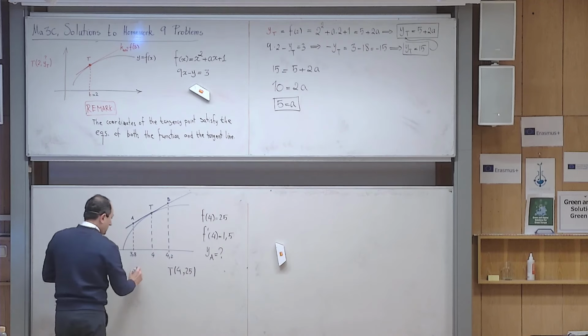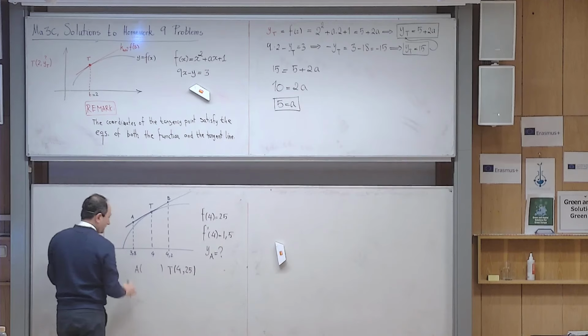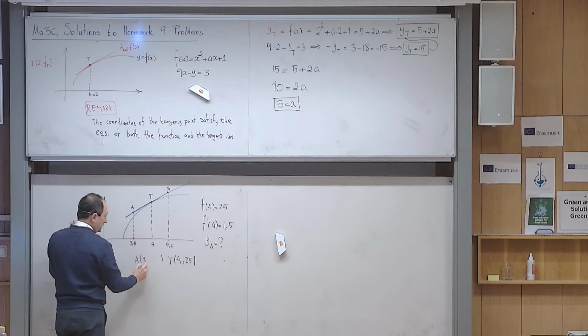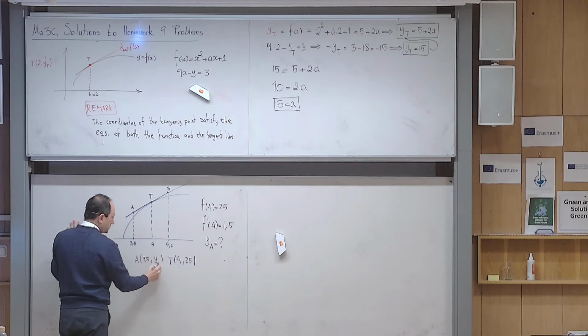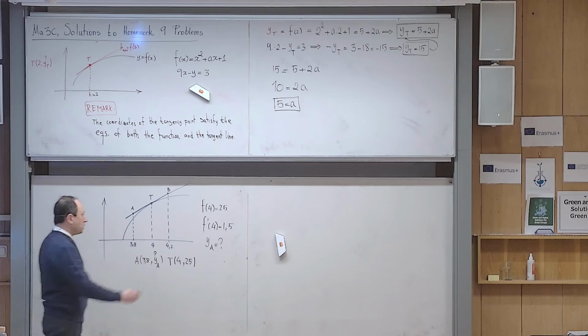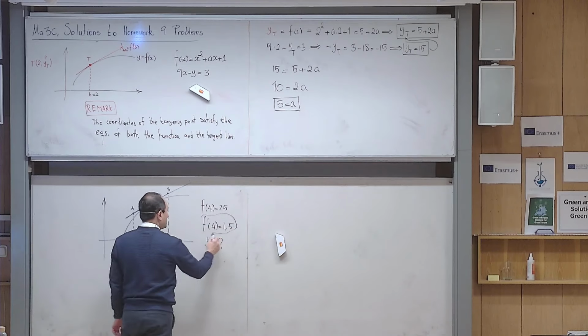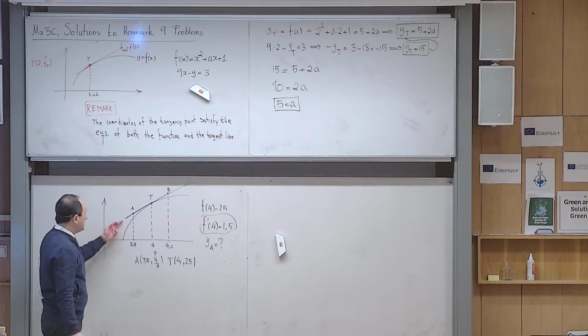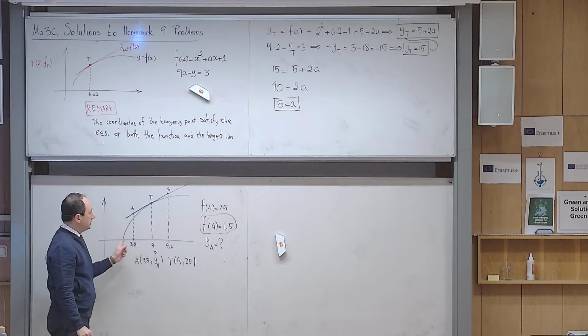For a, I am interested in its y-coordinate; the x-coordinate is given to me. The y-coordinate I don't know, so let me just write it y of a, and I know this is missing, and the question asks me about that. How can I use this piece of information? This line is tangent to the curve at this point.